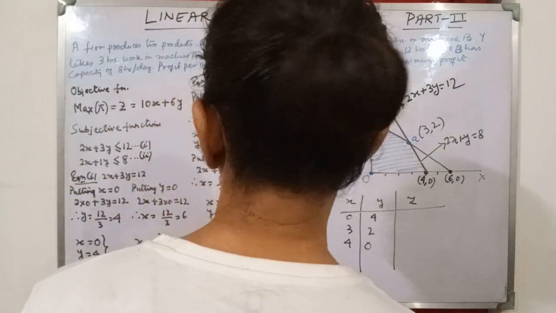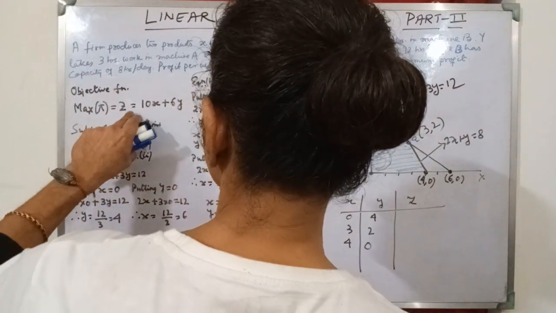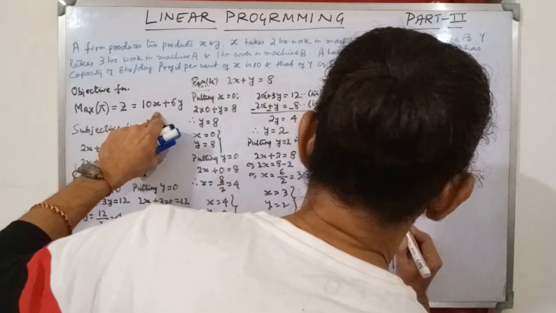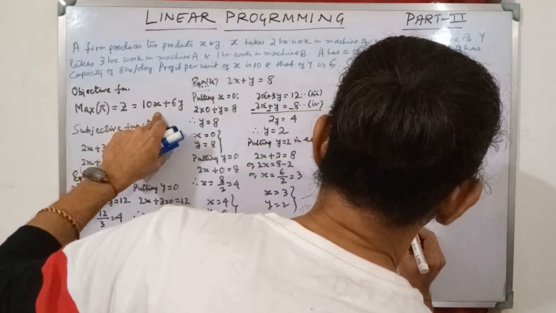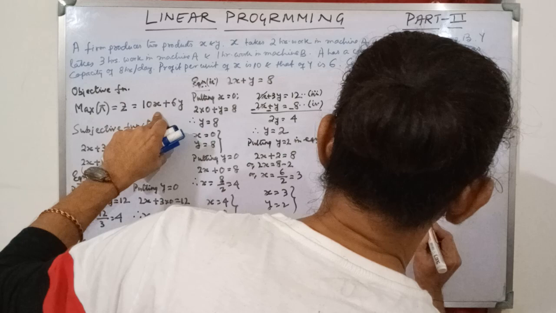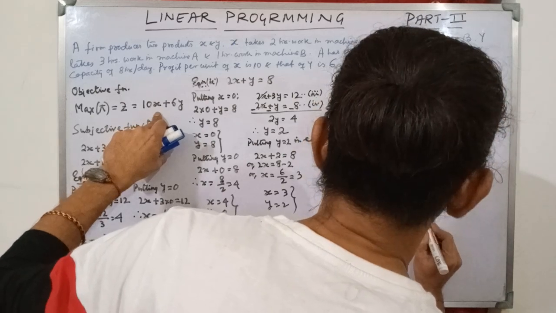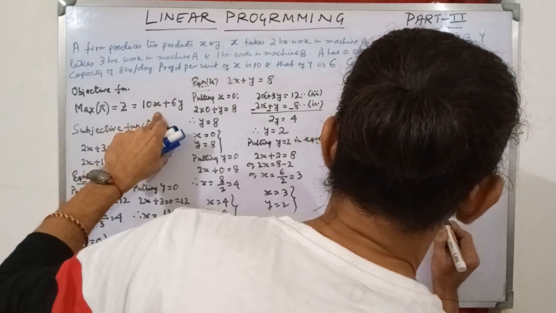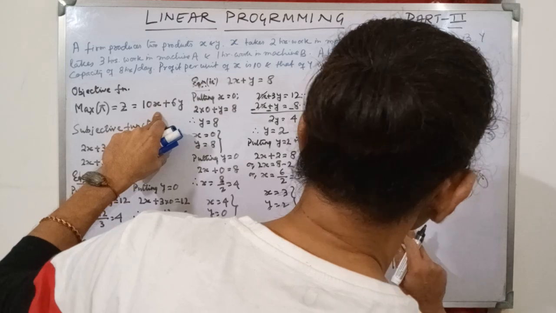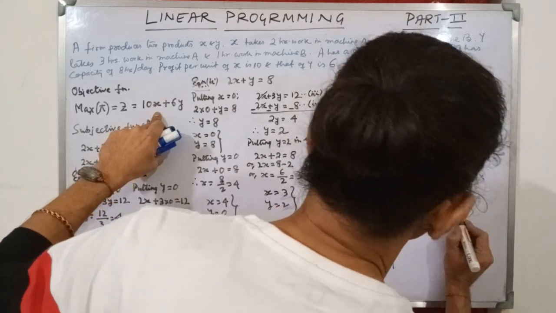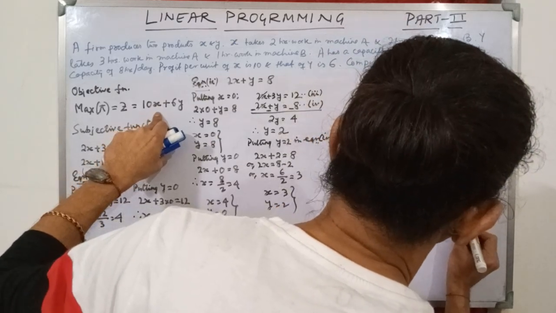What is the objective function? Z equals to 10x plus 6y. So here we get 10 into 0 plus 6 into 4. That is 10 into 0 is 0 and 6 into 4 is 24. So this is 24.